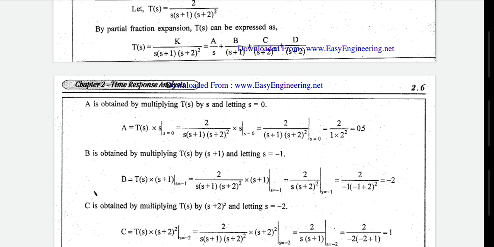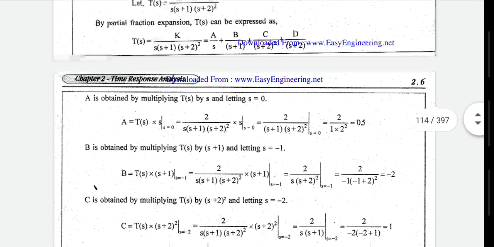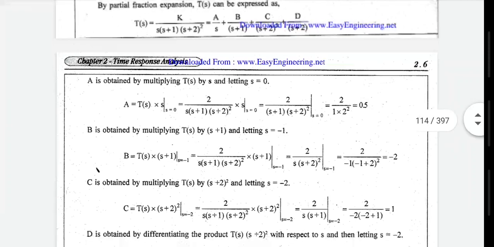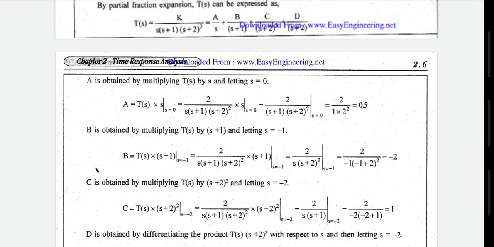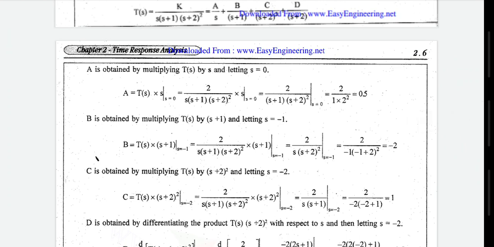So substitute the transfer function T of S value. 2 by S into S plus 1 into S plus 2 whole square into S, by letting S is equal to 0. So S and S get cancelled. So what will be the final value? 2 by S plus 1 into S plus 2 whole square by letting S is equal to 0. Now substitute S is equal to 0 here. What will be the value? 2 by 1 into 2 square, that is 2 by 4. 2 by 4 is 0.5.